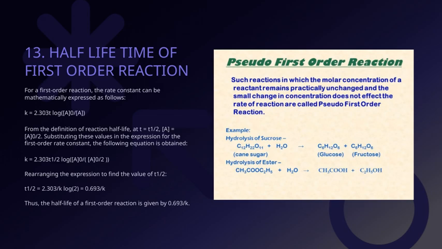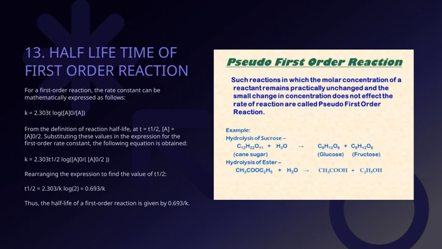Here's a crucial point. At the half-life point, the concentration A is exactly half of the initial concentration, A0/2. If we substitute this into our expression for the rate constant, we get a new form. K equals 2.303 over T times the logarithm of the initial concentration over the current concentration, A.